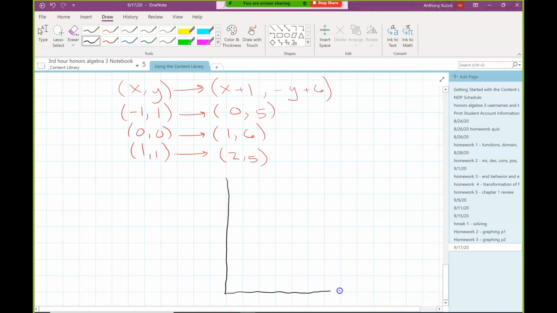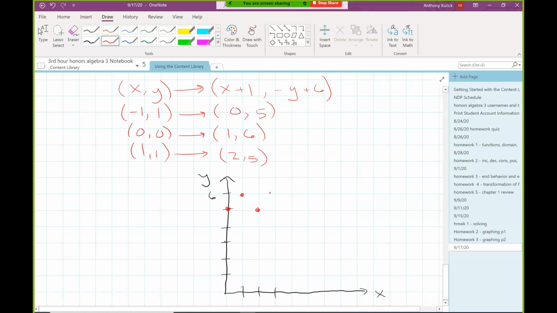I'm just going to draw one part of the xy axis because I don't need the rest of it. 1, 2, 3, 4, 5, 6. And 1, 2, 3. That was more than I needed, but that's okay. So I have 0, 5, 1, 6, and then 2, 5.